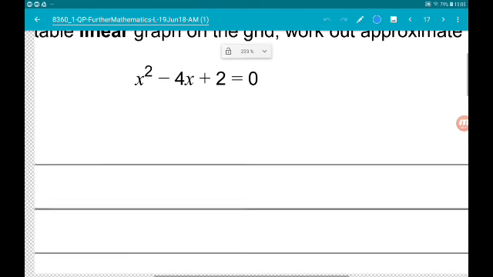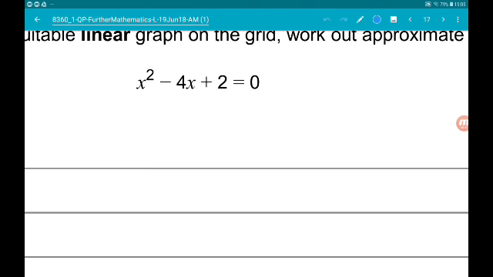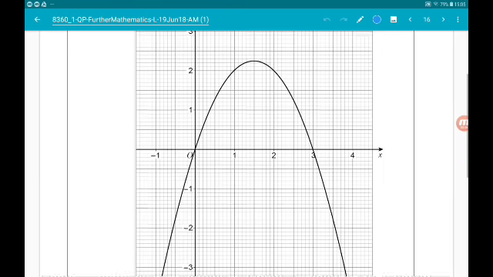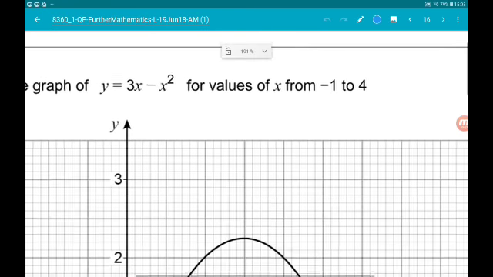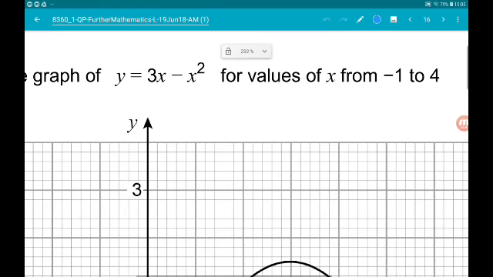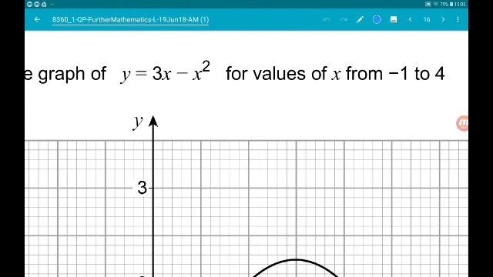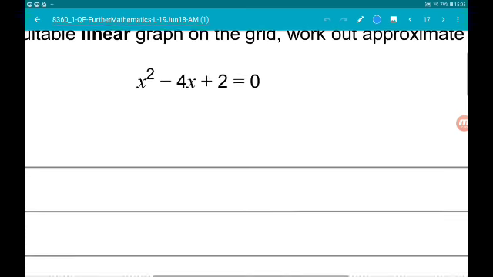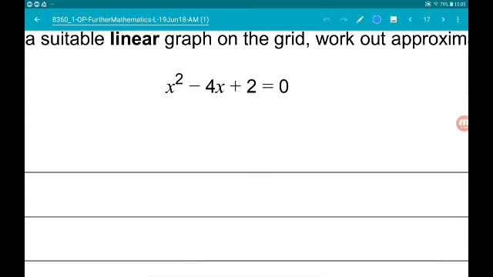So, given that on the previous page we have the graph of y equals 3x minus x squared, we want to manipulate this equation so that we have 3x minus x squared on one side.